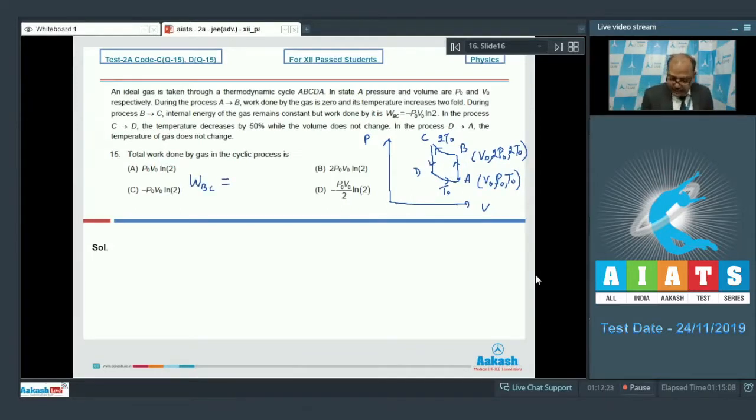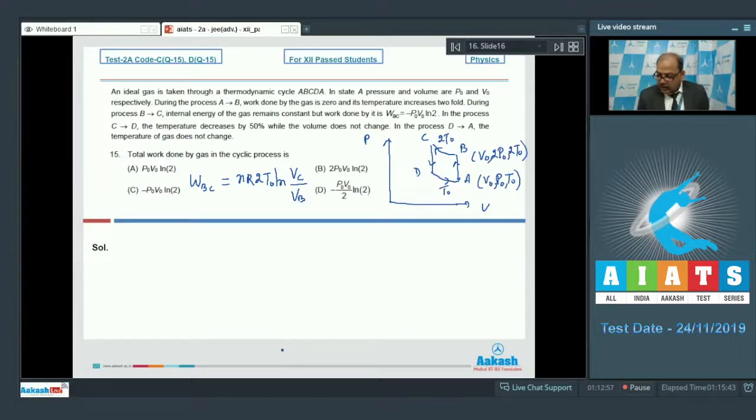So work done in BC, by using the formula for work done in an isothermal process, is nR, temperature which is 2T0, ln Vc divided by V0 or Vb, which we know is equal to V0, and this value is given to us as minus P0 V0 ln 2.